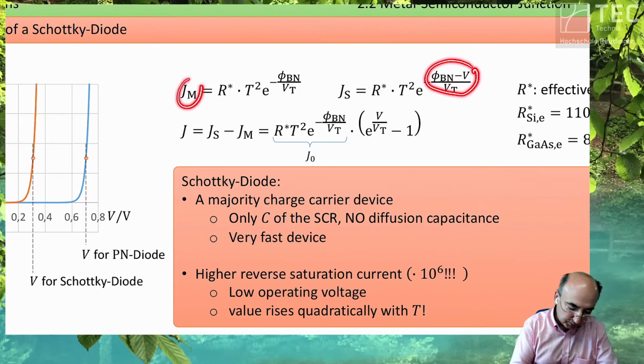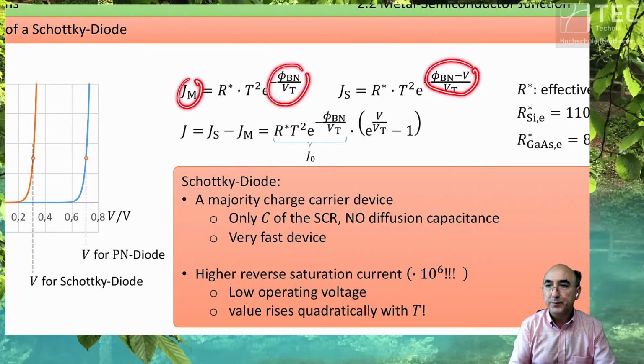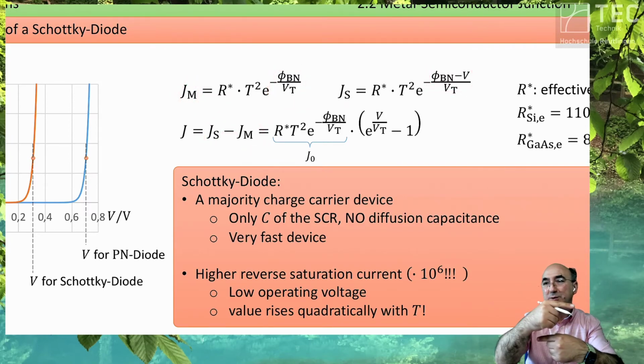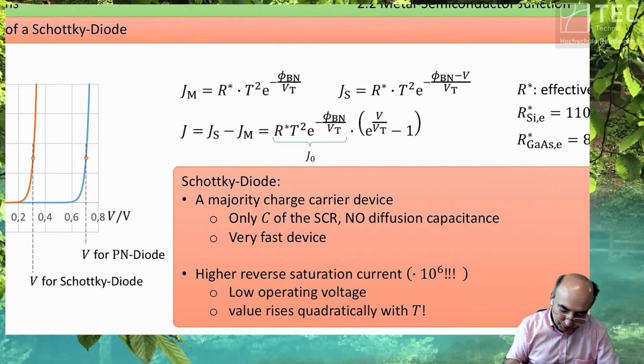From the metal to the semiconductor, we have just the Schottky barrier. And the sum of them, or minus of them, depending on the direction, we get the overall current. And the overall current is defined by the saturation current.